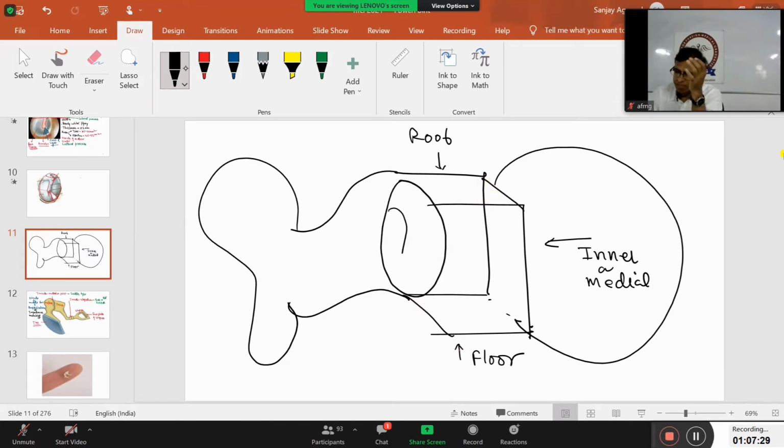So the angle of Malleus, remember? Lateral process, cone of light. This is your tympanic membrane that we just discussed a little while ago. It's a common boundary between the external ear and the middle ear. So one boundary you know already. You don't have to discuss this.